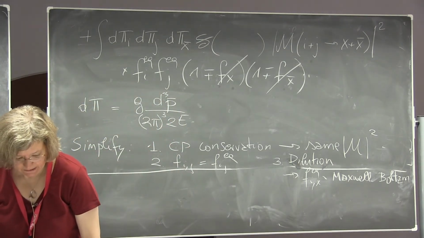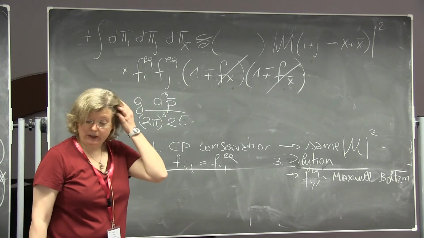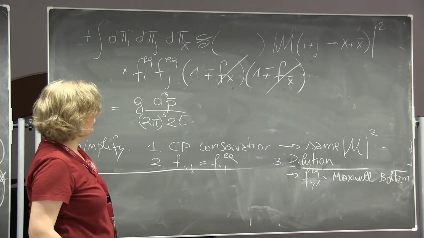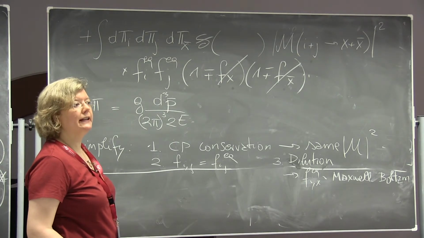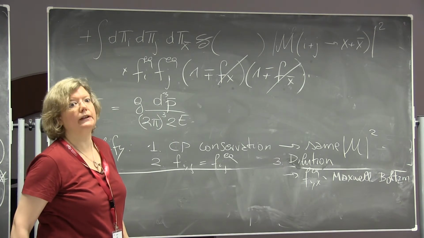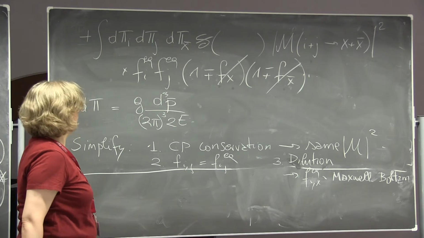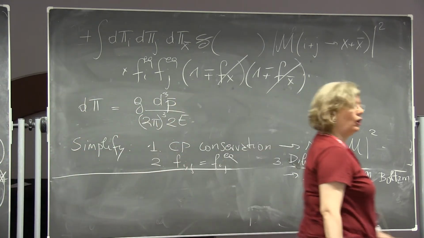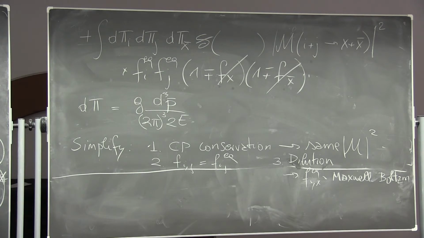Now of course there is another approximation one can do, and this approximation is assuming again that you have only chemical decoupling and not kinetic decoupling. What would that mean? This means that I know what the dependence on the momentum looks like, even if I don't know the number of particles. So I can assume kinetic equilibrium.